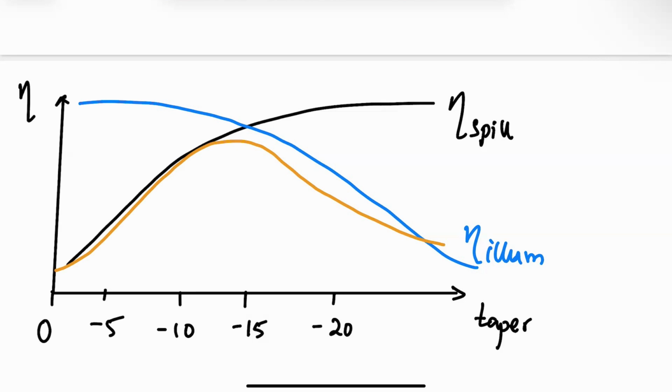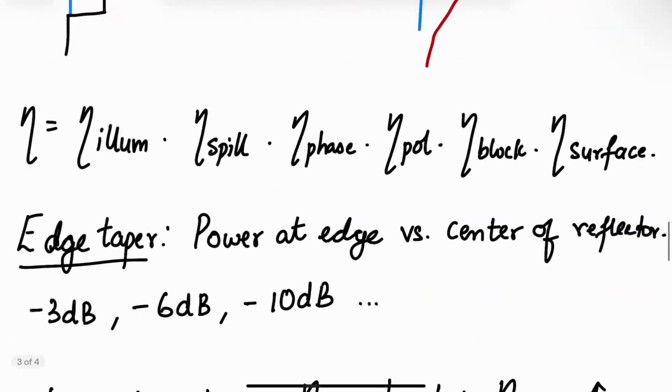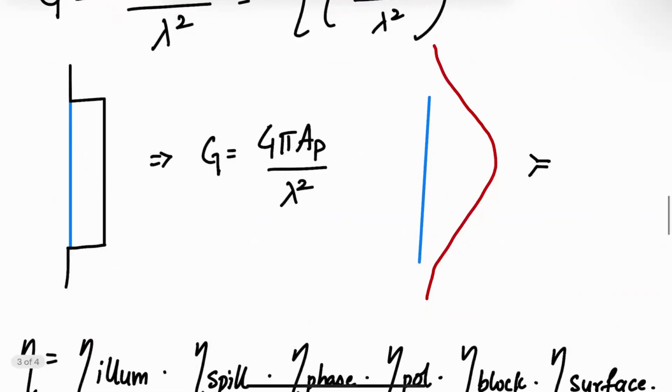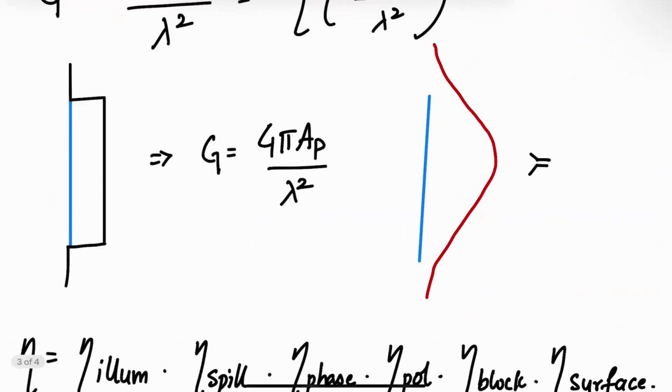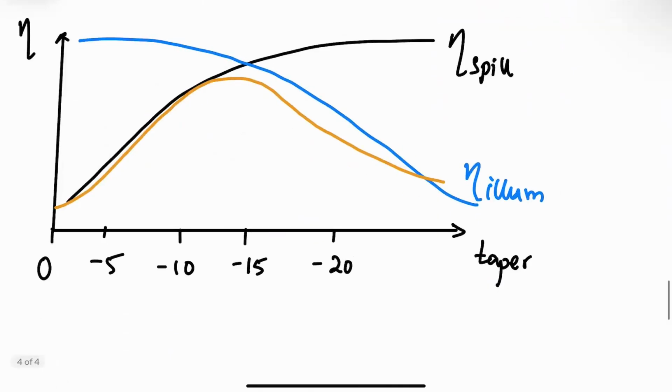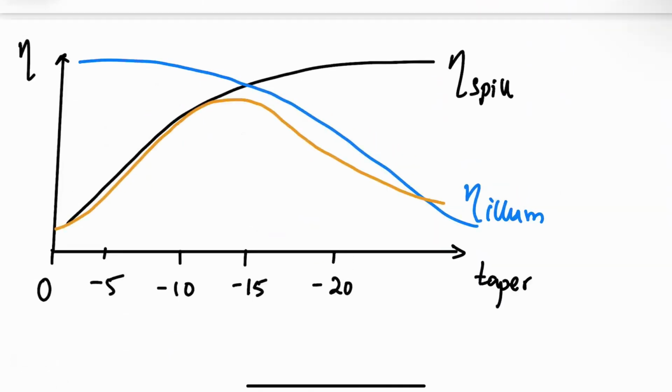kind of distribution. So we've kind of simplified something very complicated, which is the distribution of current, into just a single factor or two factors of illumination and spill, right? Because you're only looking at the edge values here and determining what the taper is. But you can have the same taper, but a very different distribution in the middle too, right? So it really depends on what exactly is the distribution of your radiation source.